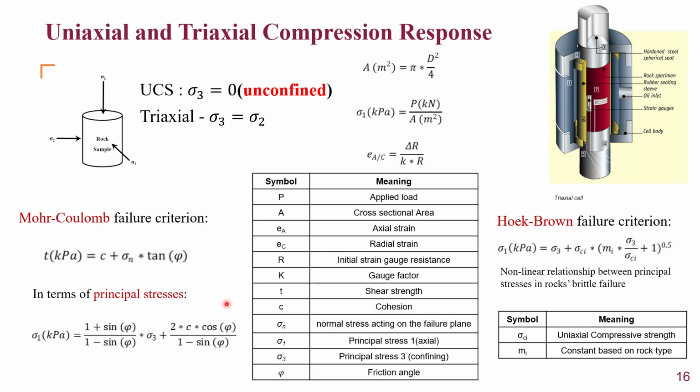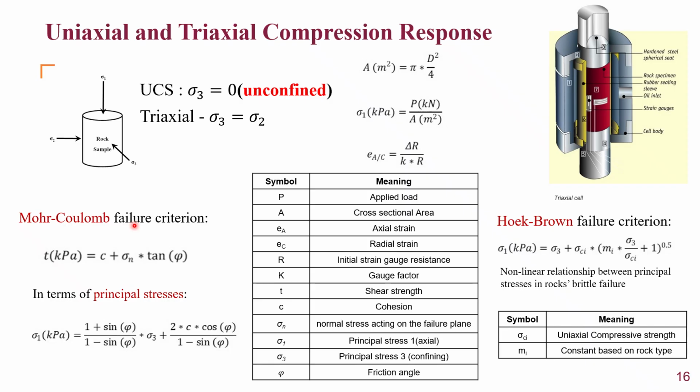Talking about the Hoek-Brown failure criterion in terms of principal stresses, it can be represented as this equation. Now, the Hoek-Brown failure criterion is a little bit harder because it considers the failure of the rock as a non-linear relationship between principal stresses, whilst Mohr-Coulomb considers the relationship between the principal stresses as more linear.